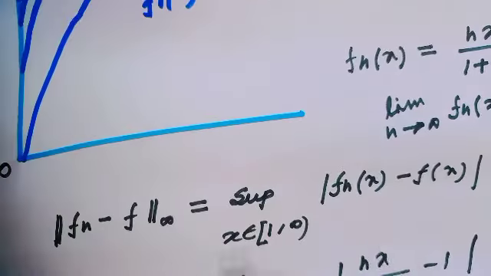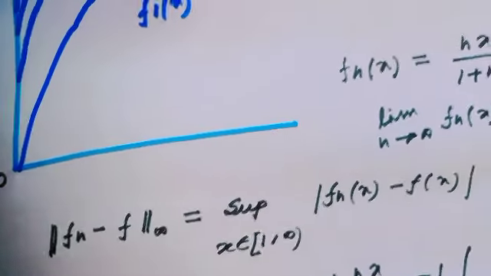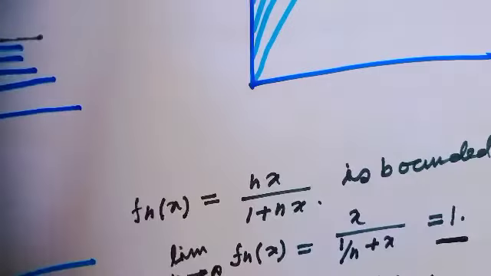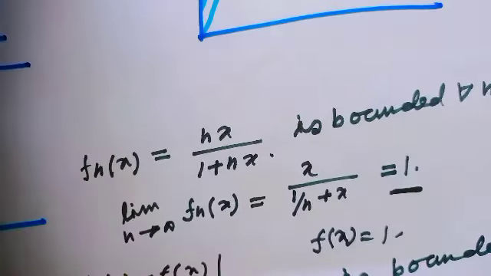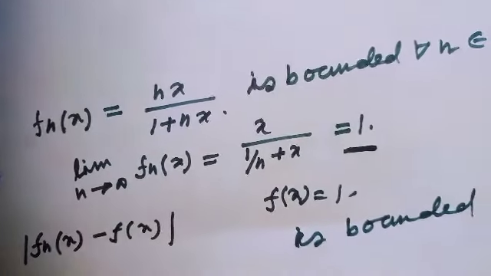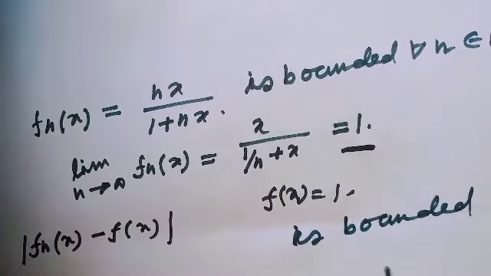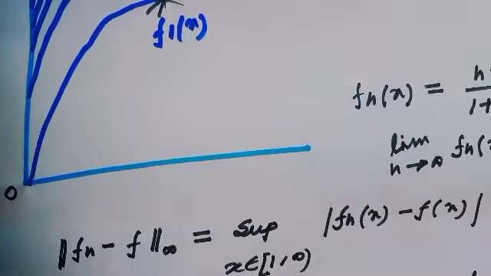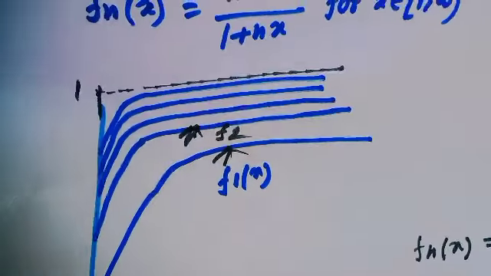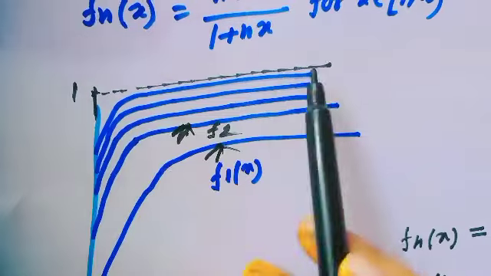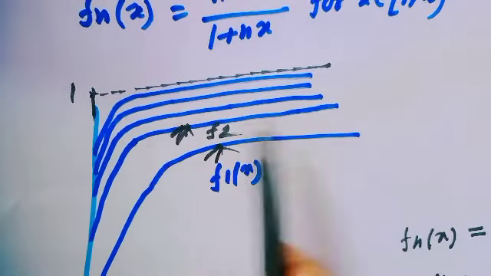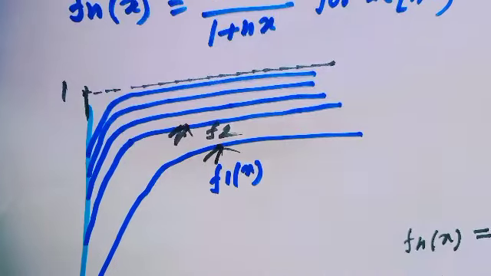Now we can apply this method because here the sequence of functions fn(x) is bounded for all n belonging to the natural numbers, and also the function f(x) is bounded. So we can apply this theory.